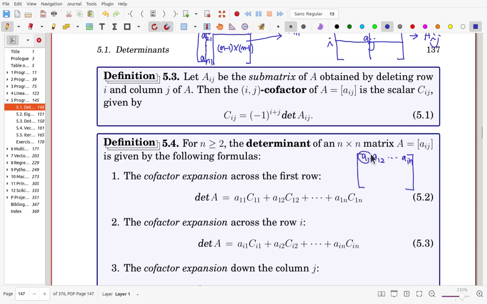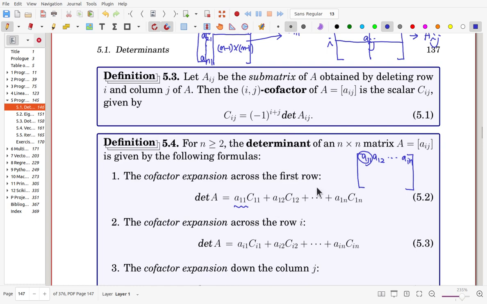Then A11 times the corresponding cofactor, which is computed as (-1) to the 1 plus 1, which will be 1, and then eliminate the row and column of A11. The small portion left is an n-1 by n-1 matrix. For this submatrix, we get the determinant that will make C11 by using this definition.